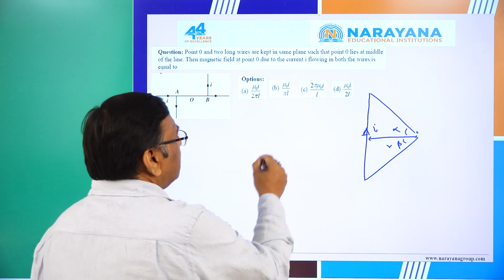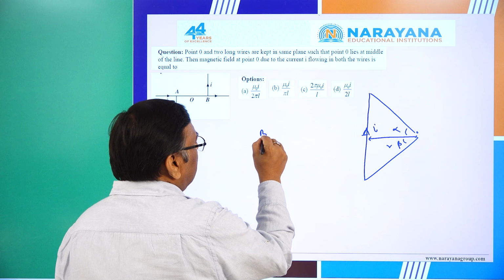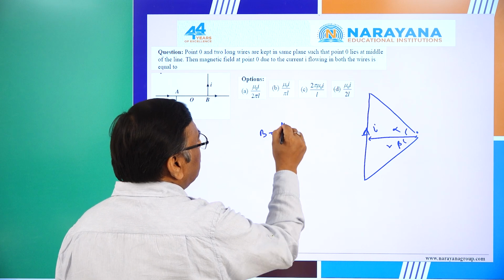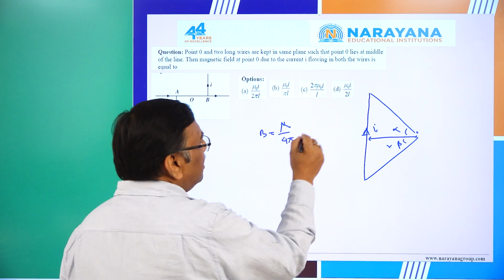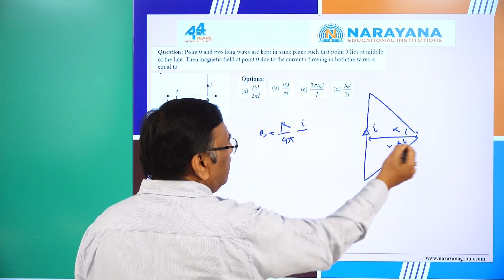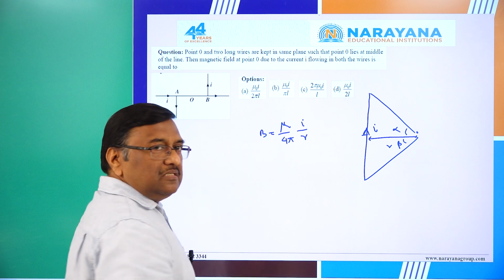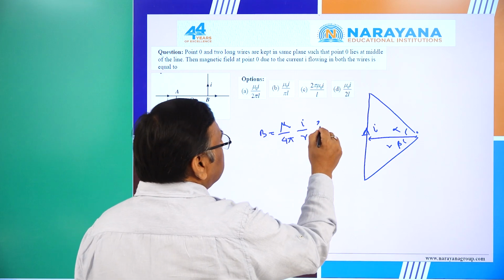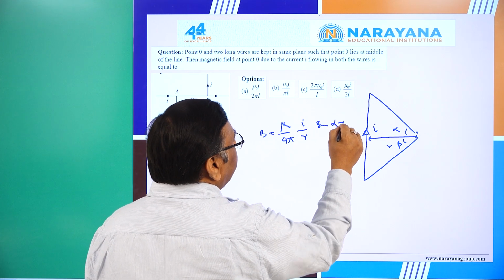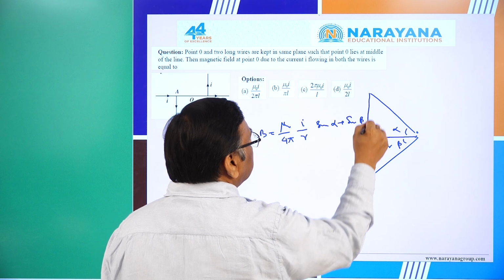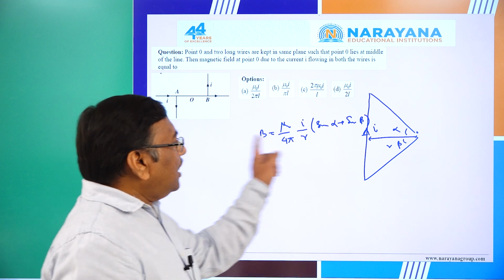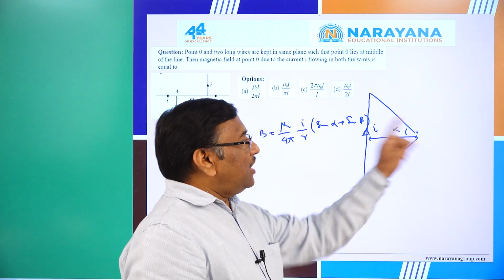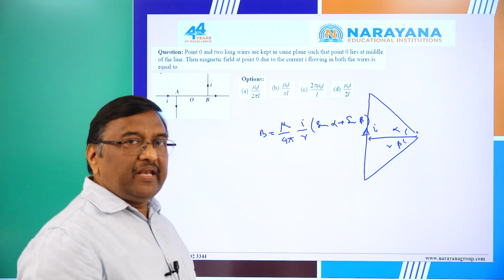We know the magnetic field is given by B equal to mu 0 divided by 4 pi, into I divided by the perpendicular distance r, into sine alpha plus sine beta. That is the general formula for getting the magnetic field at any point from a wire of finite length.